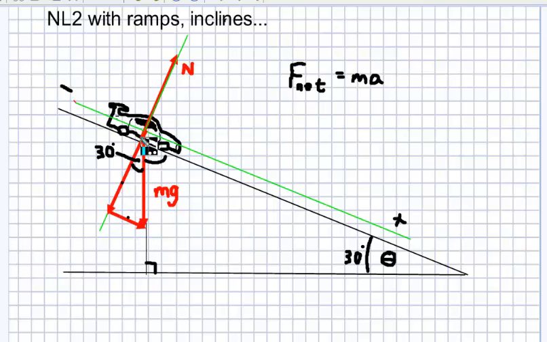You probably recall from trig that the definition of cosine is, let's keep it general here, cosine of any angle theta is equal to adjacent over hypotenuse, ADJ over HYP.